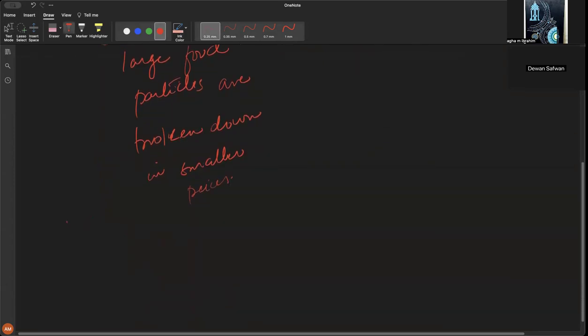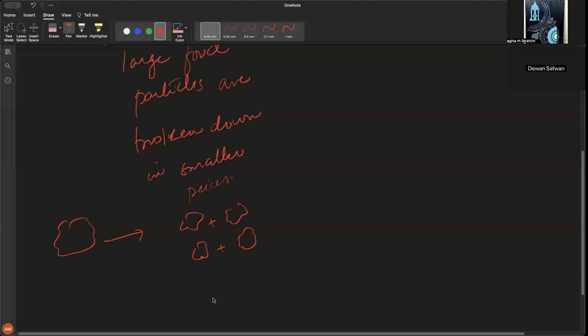So this is a big food particle. By mastication, by the help of teeth and the rolling of tongue, this is going to be broken down into smaller pieces.